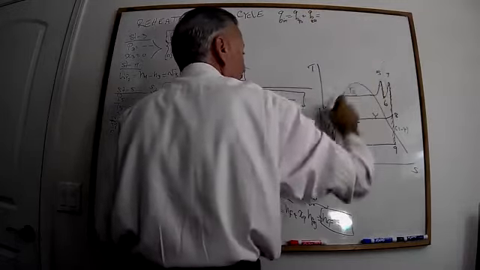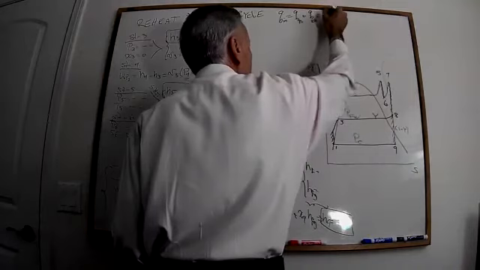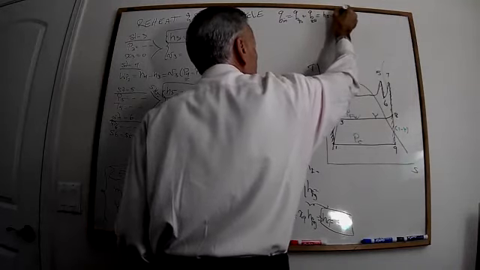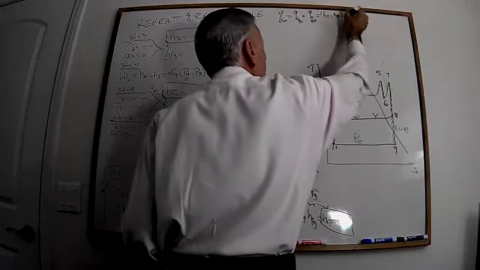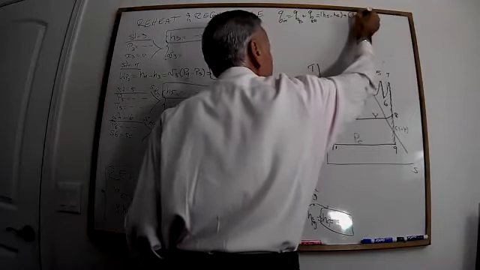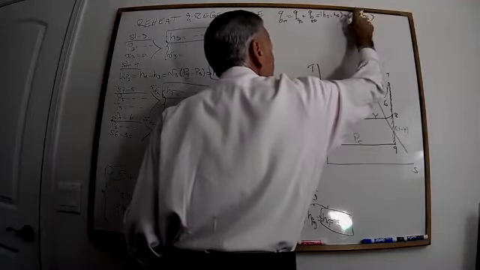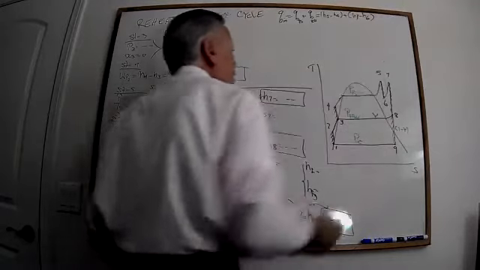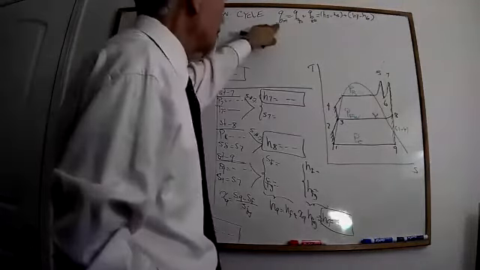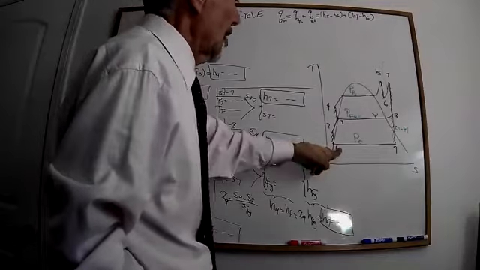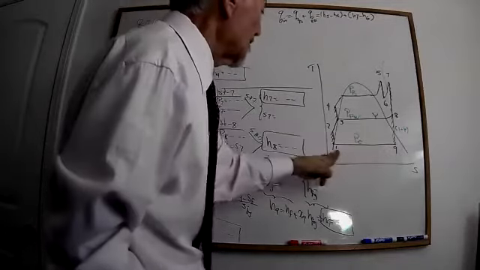And that would be H5 minus H4 plus H7 minus H6. That's your total Q in. Your Q out is H9 minus H1.